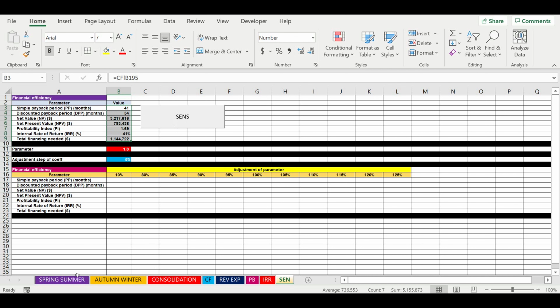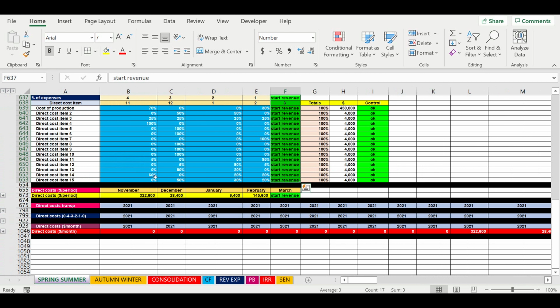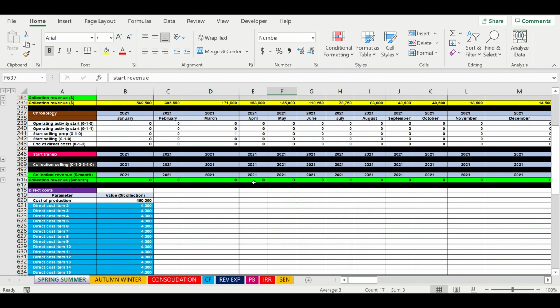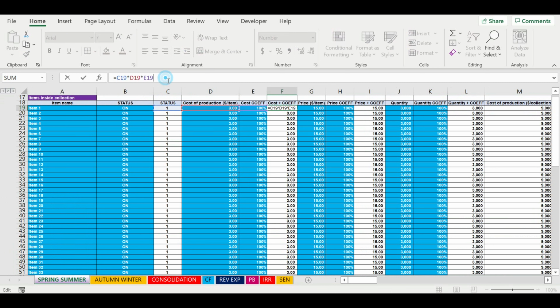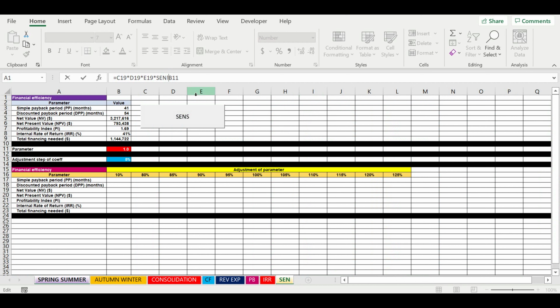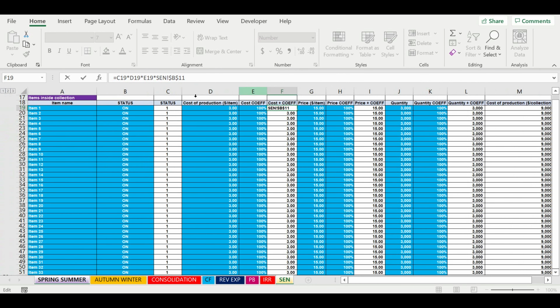So we can go to, for example, the spring summer collection. We can go, for example, to costs, and we can add this coefficient to the direct cost, the cost of production.